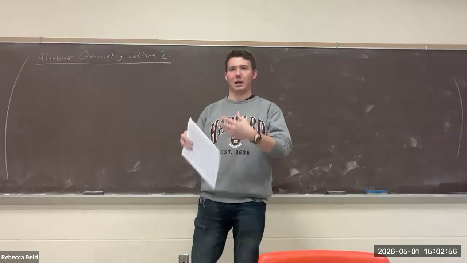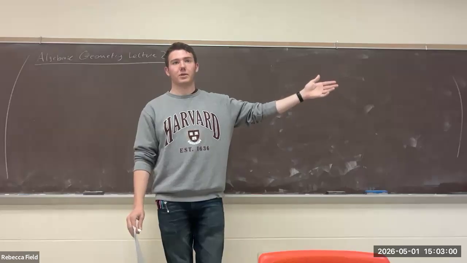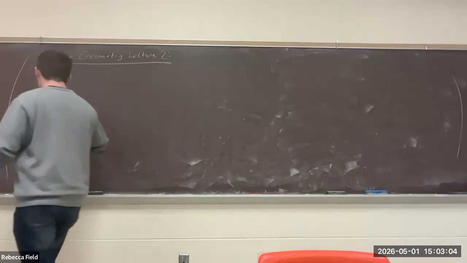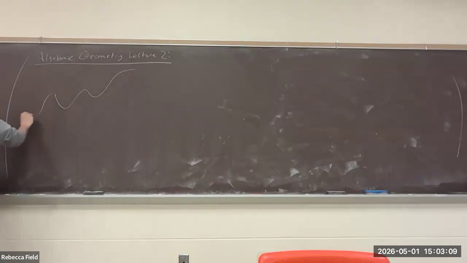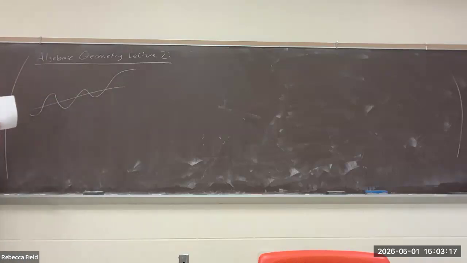So the idea generally is that algebraic geometry wants to study general mathematical objects cut out by zero sets of polynomial equations. And so in the real plane, if we take some polynomial like so, we can get a line through this equation, and we can express their intersection as the zero set of some polynomial, right?